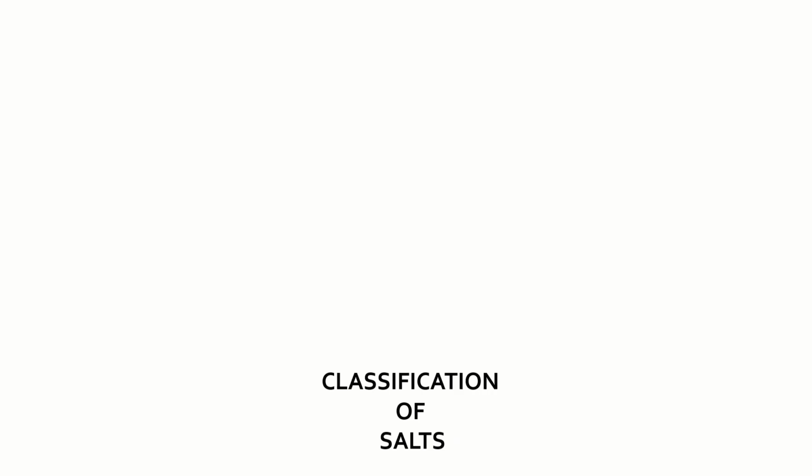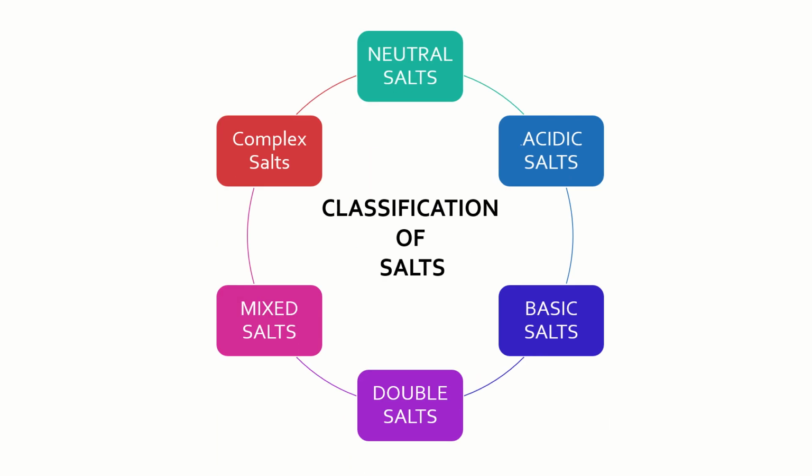Now we will see the classification of salts. We have neutral salts, acidic salts, basic salts, double salts, mixed salts and complex salts. First, a neutral salt is formed by complete neutralization of a strong acid and a strong base.